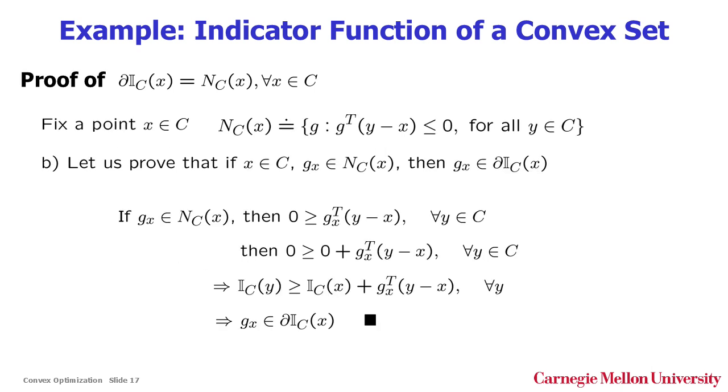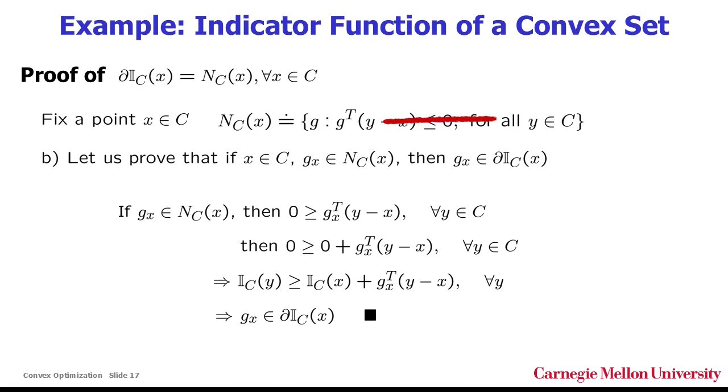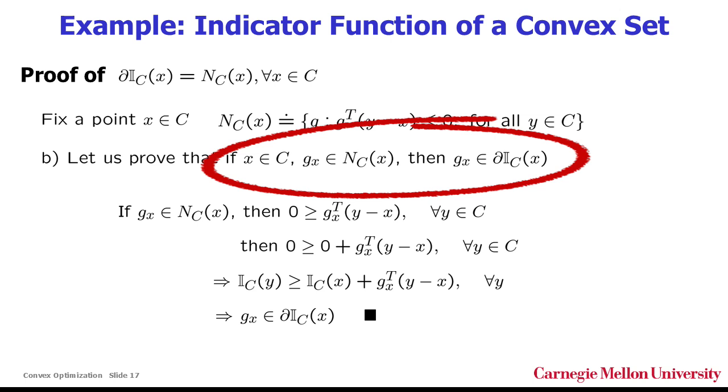Now, let's prove the second part. Again, first we fix a point x in set C, then we select the vector gx in the normal cone. We will prove that this gx is also a member of the subdifferential set of the indicator function.